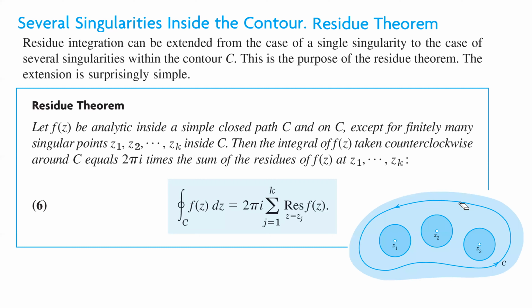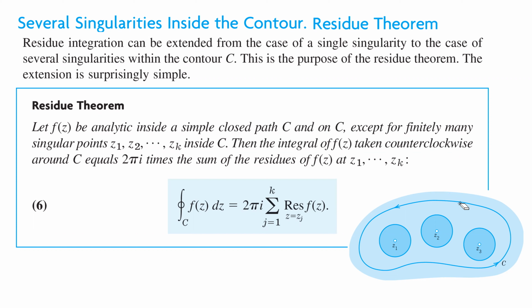Here's the thing. Assume f of z is analytic inside a simple closed path C and on C, except for finitely many singular points z1 to zk inside C. Then the integral of f of z taken counterclockwise around C equals 2 pi i times the sum of the residues of f of z at all the singular points.